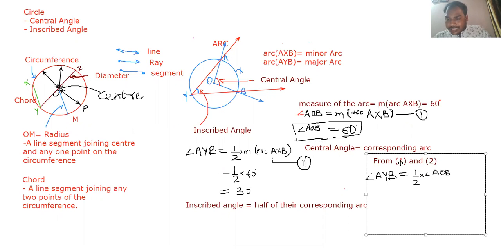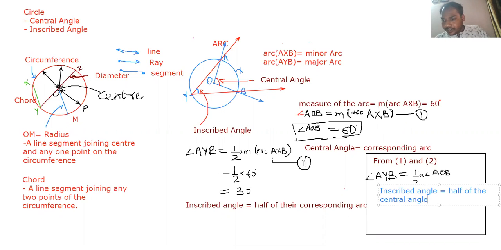The meaning of this, in a simple manner, I'm writing with different colors so you all will get the idea. The inscribed angle is equal to half of the central angle.